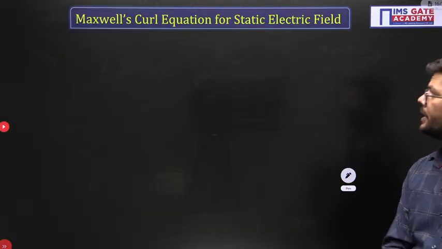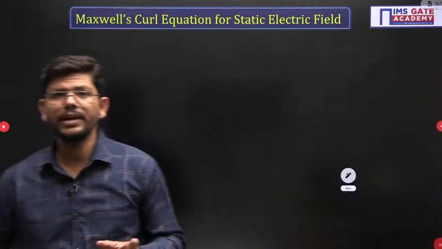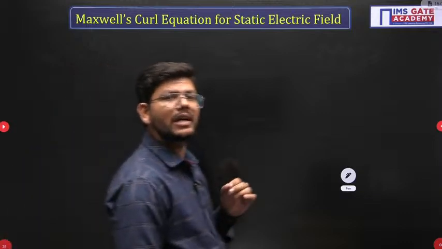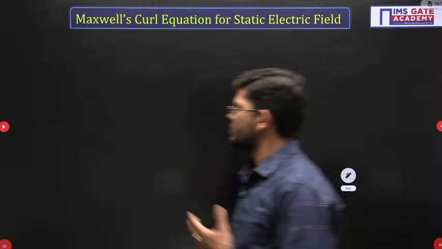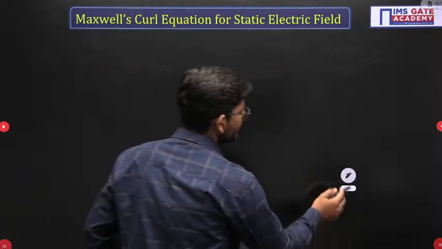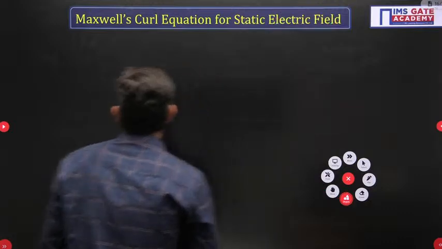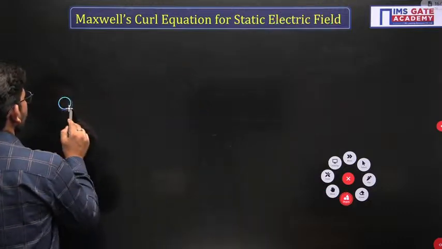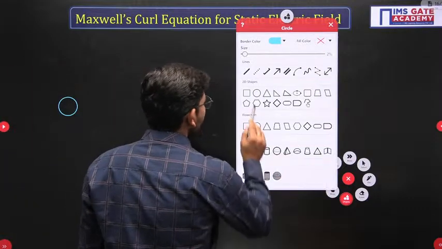Another important thing, now see Maxwell's curl equation, very important. Maxwell's curl equation for a static electric field. So again I am going to consider the same case. Let us consider that we have some point source. Now this point source, what will it have?